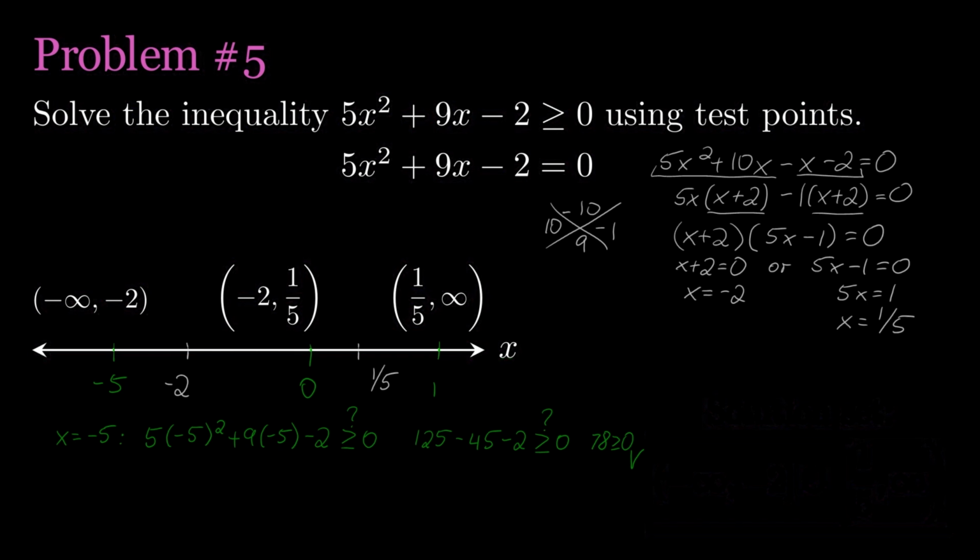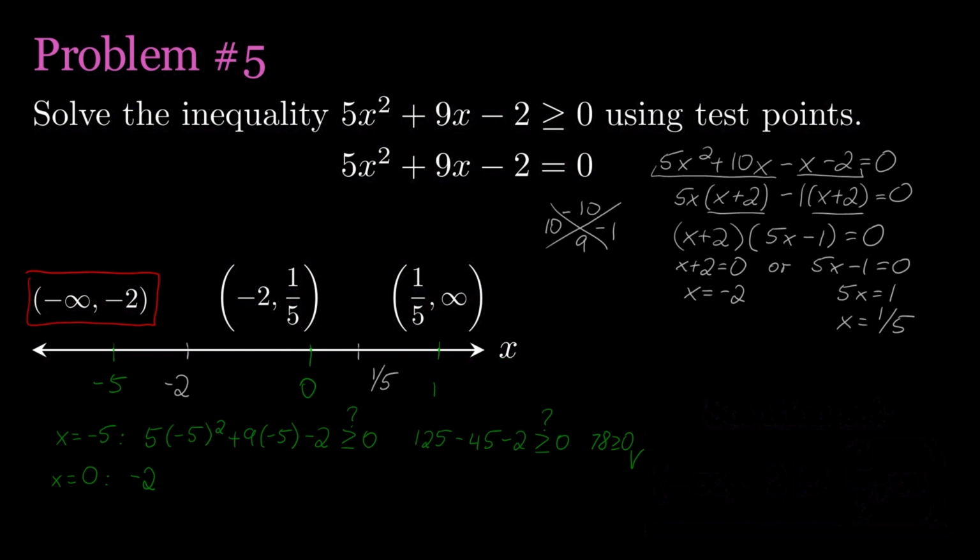Since the test point satisfies the inequality, the whole interval from which it came, that means -∞ to -2, is a part of the solution set of our inequality. Moving on to the second test point, 0. When we plug 0 into a polynomial, then we are only left with the constant term.